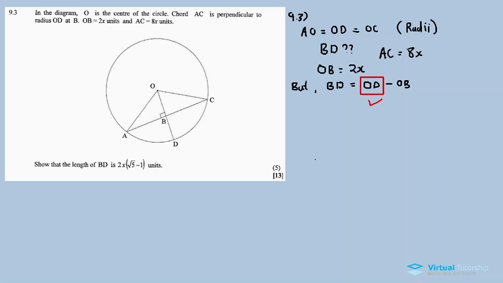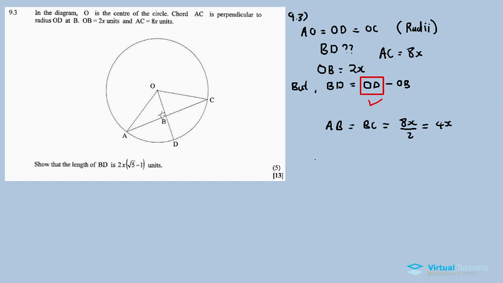So we will start by saying AB is equal to BC, they are equal to 8x units divided by 2, which is equal to 4x, right? So it means here it's 4x, here it's 4x.